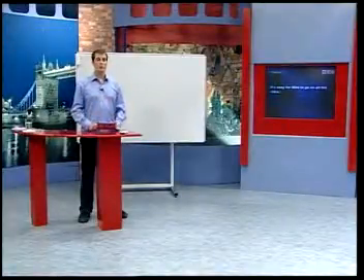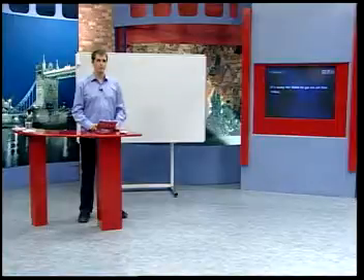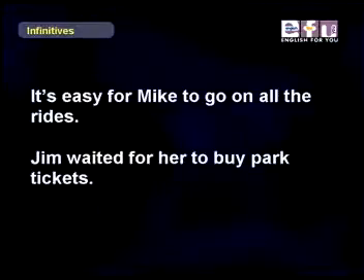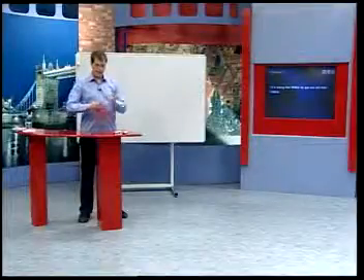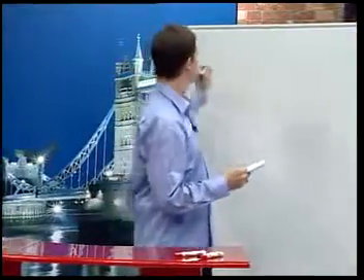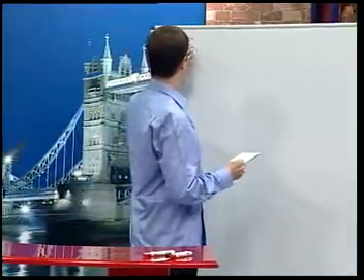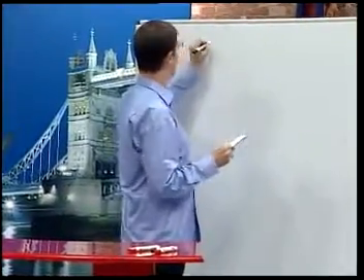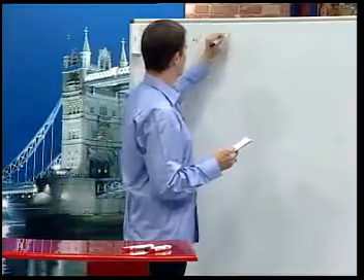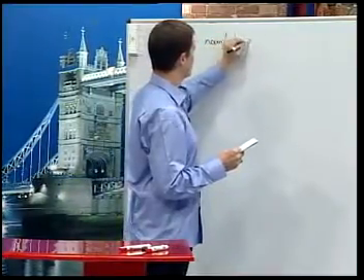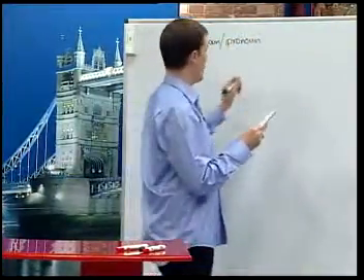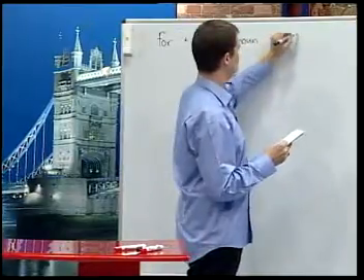Let's look at one more use for infinitives. Have a look at these examples. It's easy for Mike to go on all the rides, and Jim waited for her to buy park tickets. So we have for plus noun or pronoun and plus an infinitive.